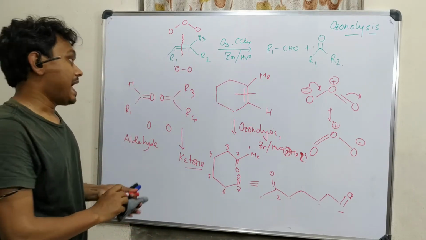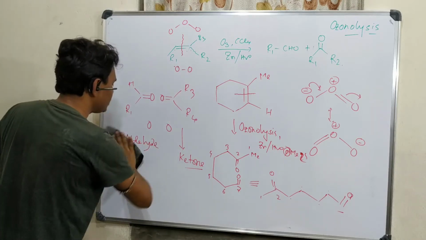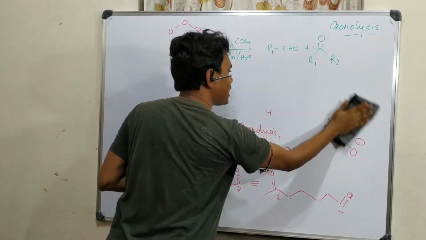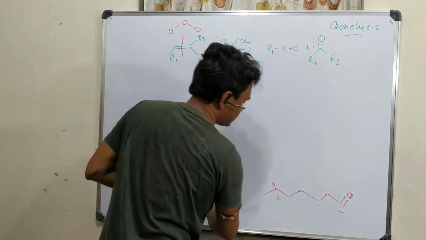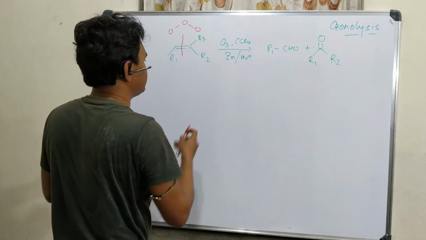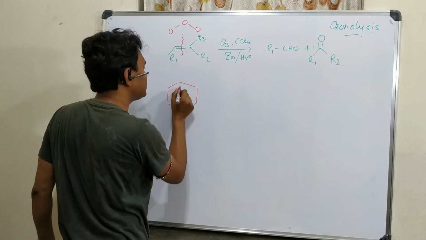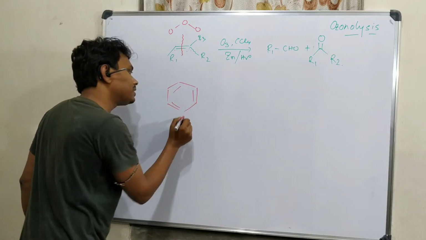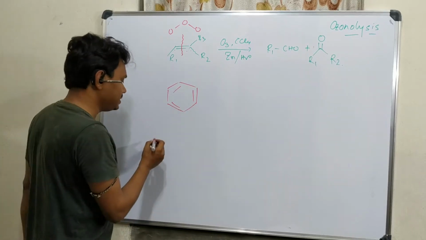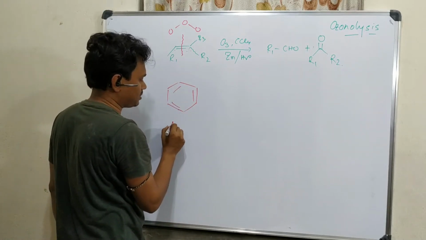Another interesting example: we are generally considering double bonds in alkenes, but if we see benzene, it contains 3 double bonds. The difference between a simple triene and benzene is that it has aromatic stabilization.